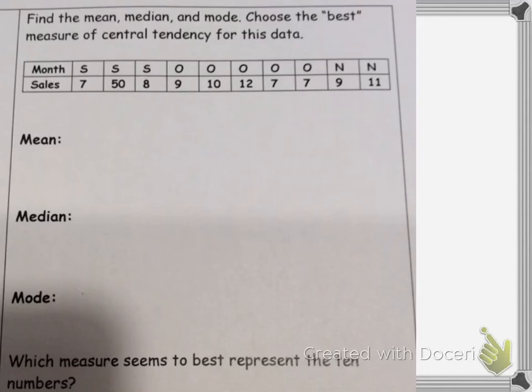So here's our months: September, October, November, November. And here's the sales. The mean would be to add those together and divide by the number of numbers that there are. So let's just count our numbers. That's 3, 6, 9, 10. So we're going to be dividing by 10. So let's add those together real fast and divide by 10.